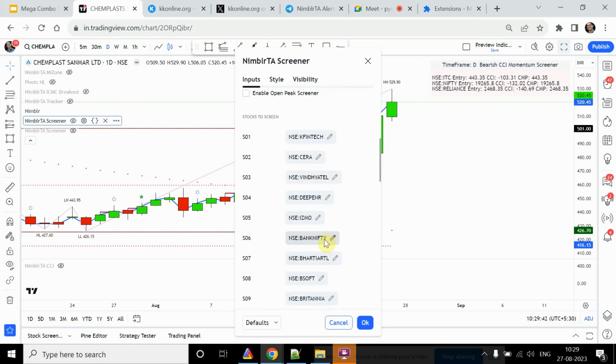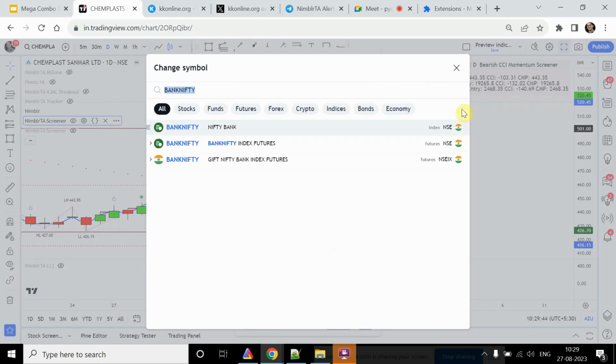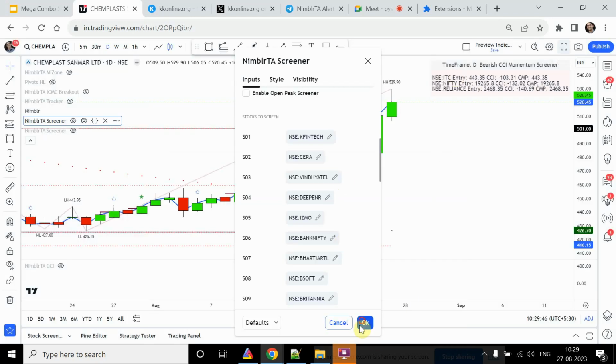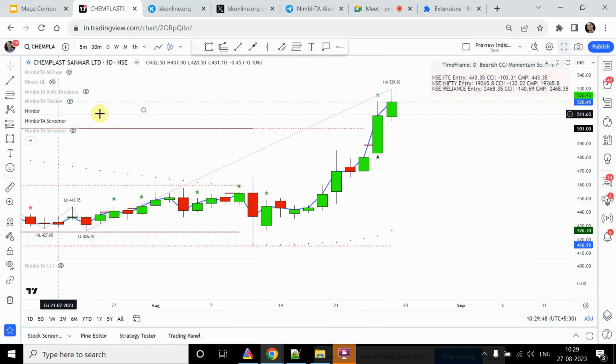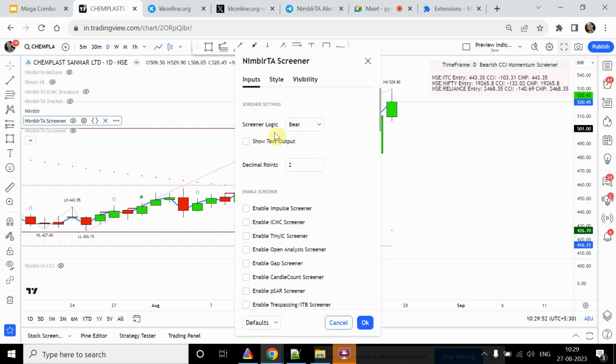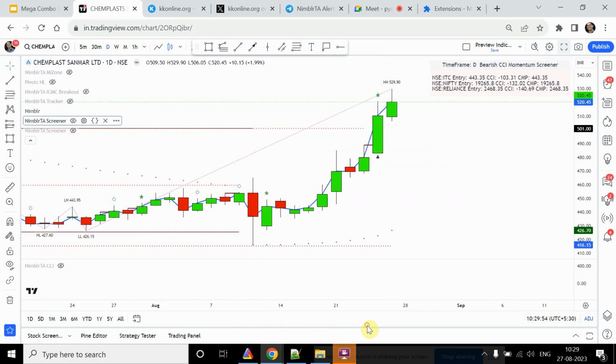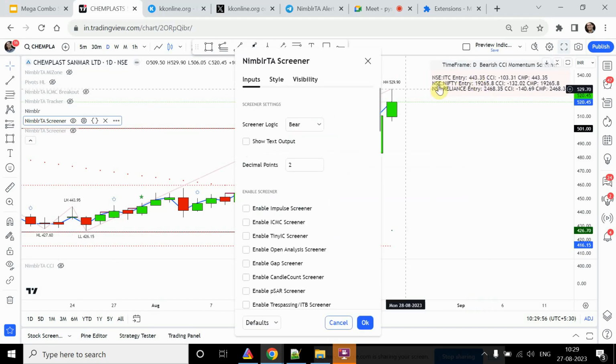For example, instead of Bank Nifty, I just click on Bank Nifty over here. Just to repeat again, I am on the screener, I click on this setting, and there's a pop-up which opens. Apart from that, we can also double click over here, and a pop-up would come.